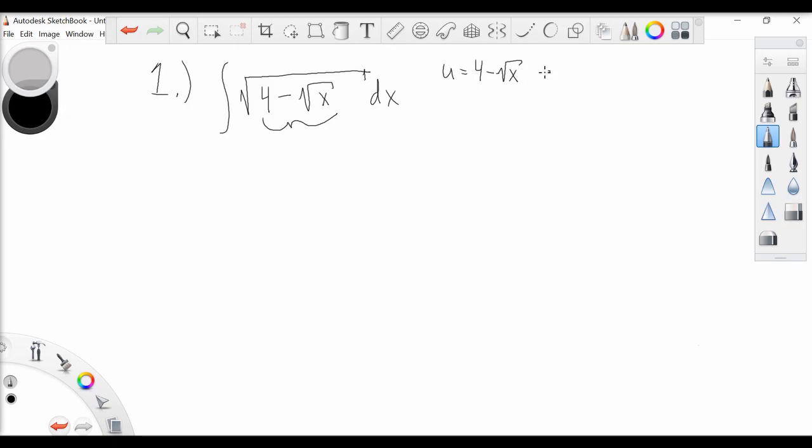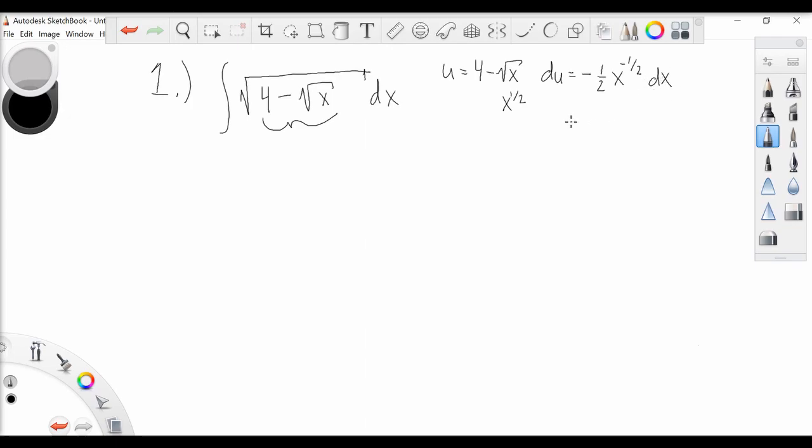Differentiating that, we can see that du is going to be equal to, well, the derivative of a constant is 0, and then minus, and we're going to take the derivative of x to the 1/2. So we're going to get 1/2 x to the minus 1/2 dx.